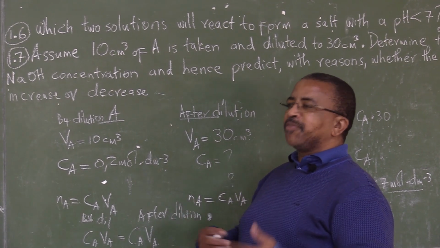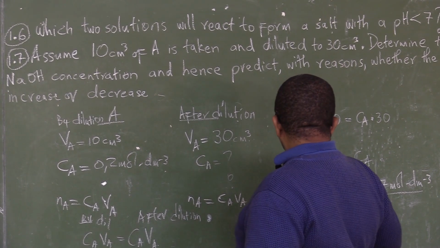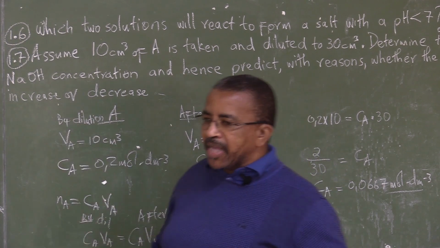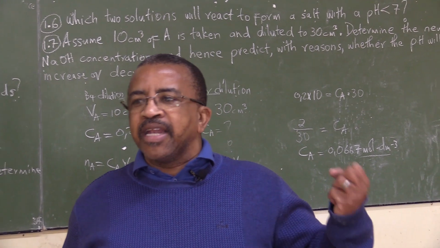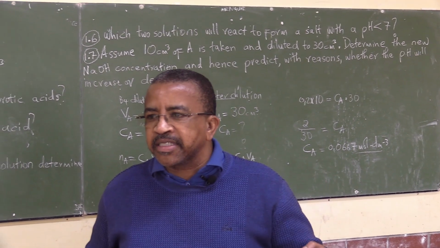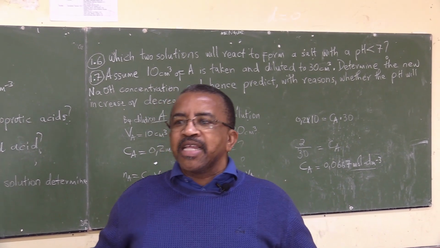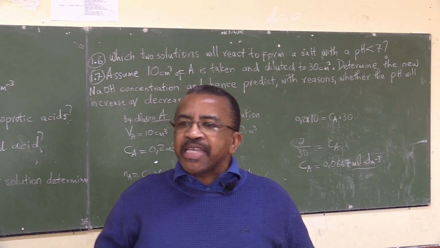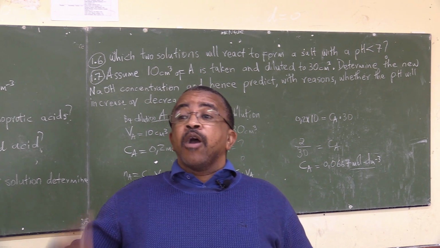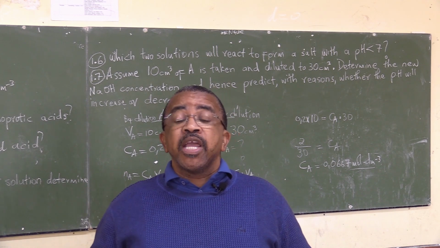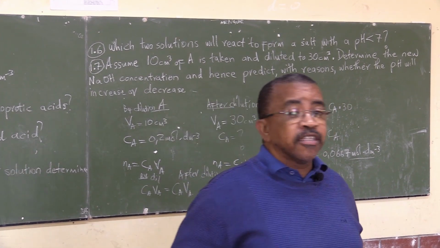As the concentration of the base decreases, there is less OH minus in the solution, and this decreases the pH of the solution. If there is more OH minus in the solution, this increases the pH of the solution.